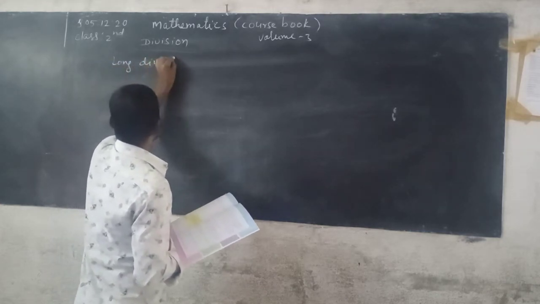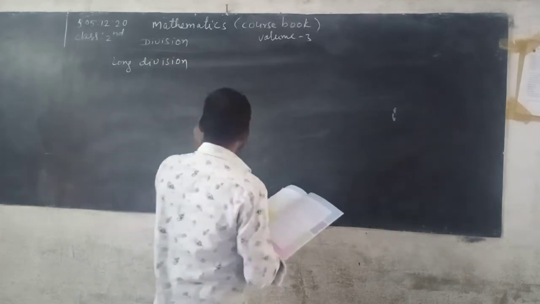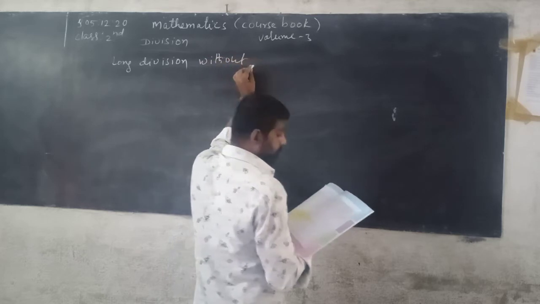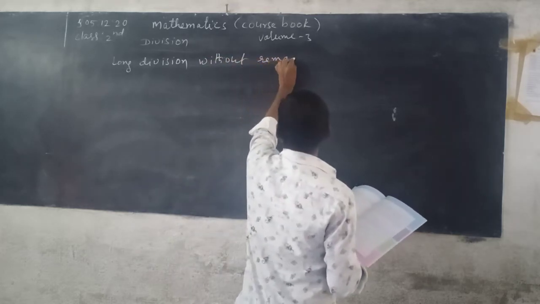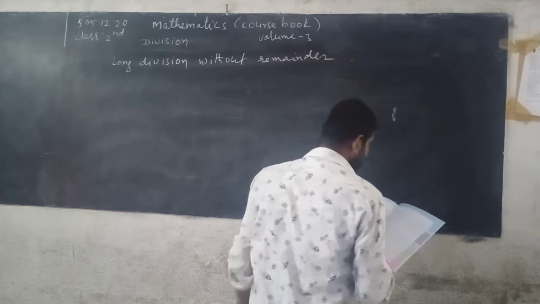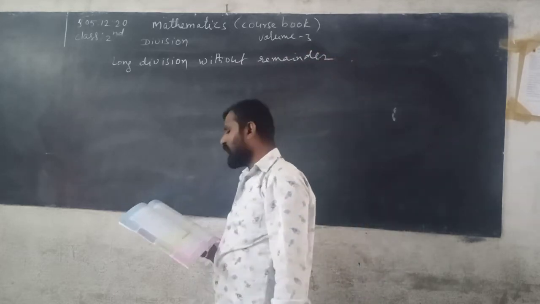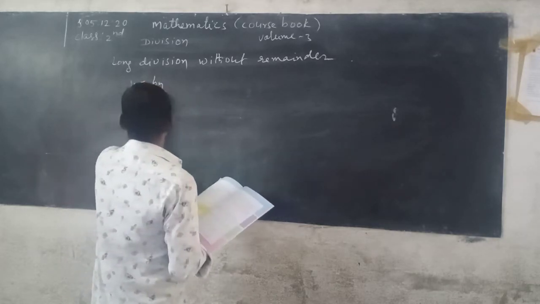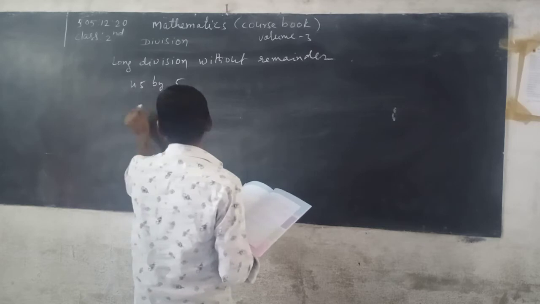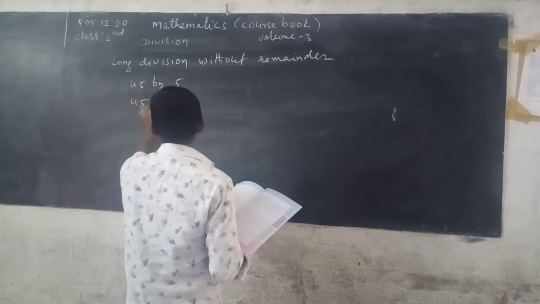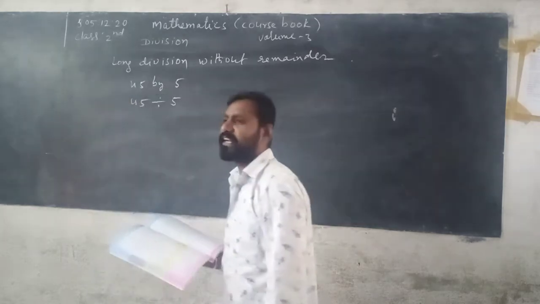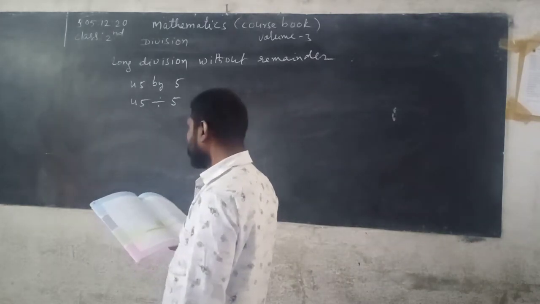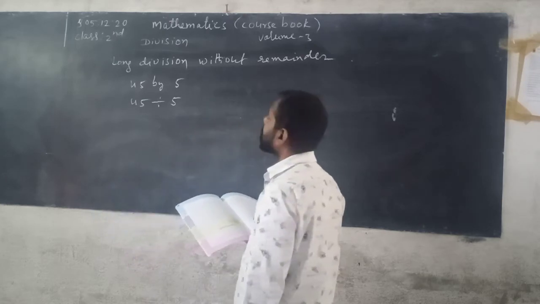It can be written as 45 divided by 5. So you can read the 5 table. It looks like a very big task, so to make it easy, we divide the number directly.